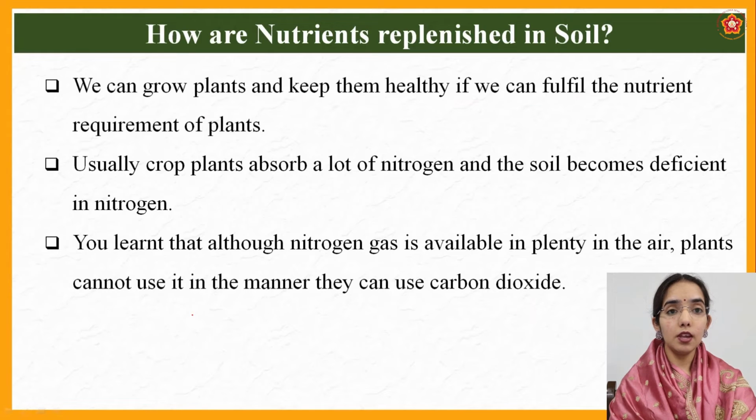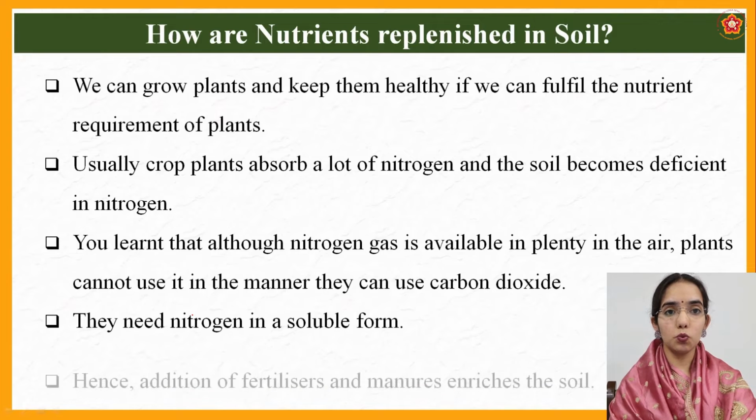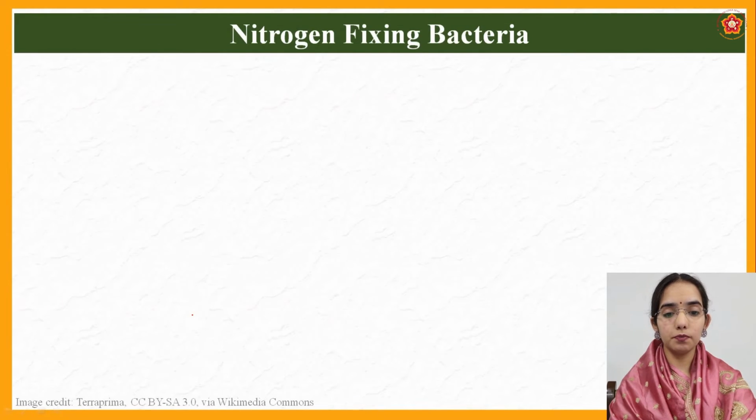But even though nitrogen is present in abundance in air, they cannot take it in through stomata like carbon dioxide. We had also learned that bacteria play an important role in nitrogen fixation, right students? Plants require nitrogen in soluble form so that they can absorb it along with water and minerals through the root. So, nitrogen fixing bacteria.